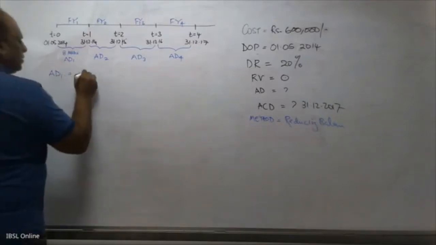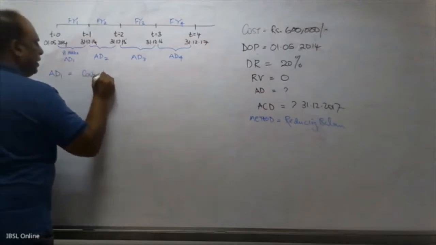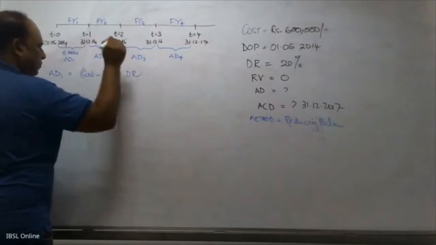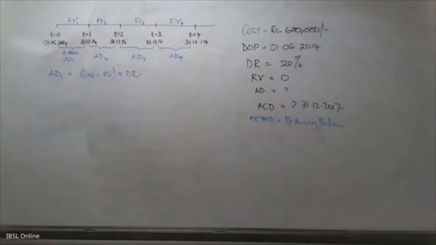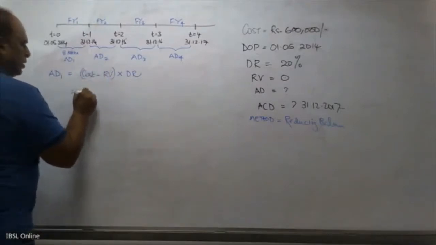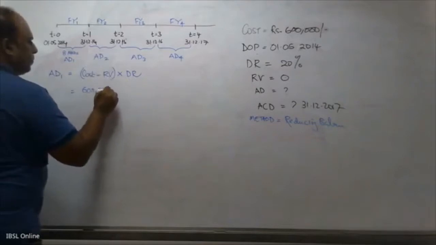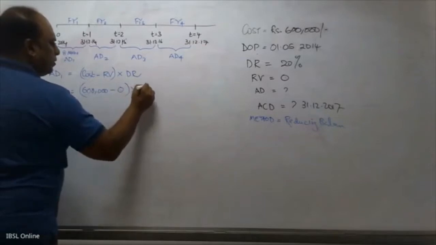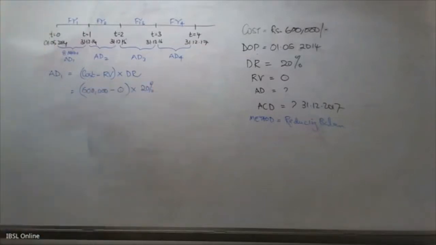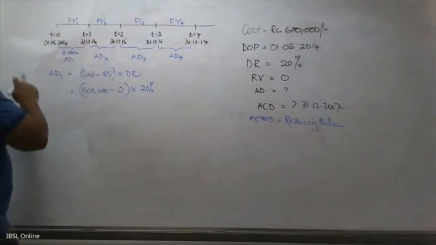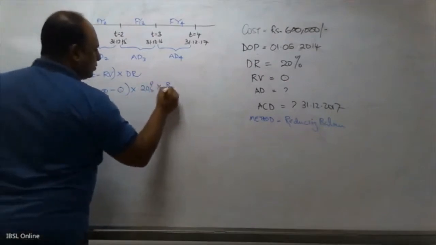Cost minus residual value into the depreciation rate. So cost is 600,000, residual value 0 into depreciation rate 20%. This will give you the depreciation for 12 months. But what I need is only for 8 months.